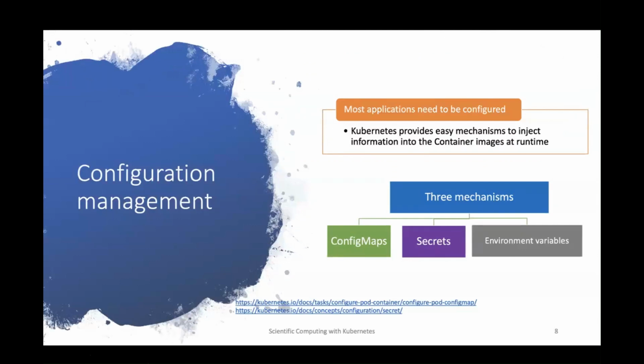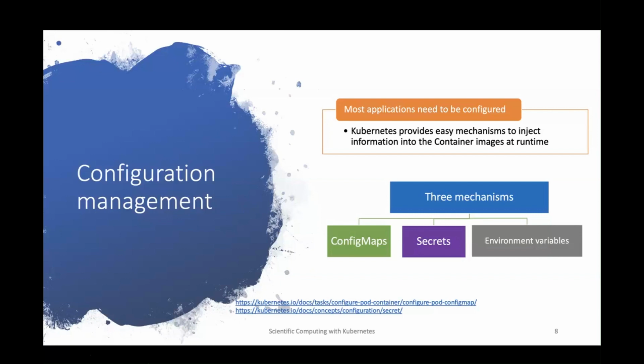Now, having an image that contains all the software is nice, and you could create an image for each job, but that's probably overkill for many reasons. So what you typically do is create an image, or pick an image that somebody else has created, that has all the software you need, and then you configure it to do what you actually want to do for your job.